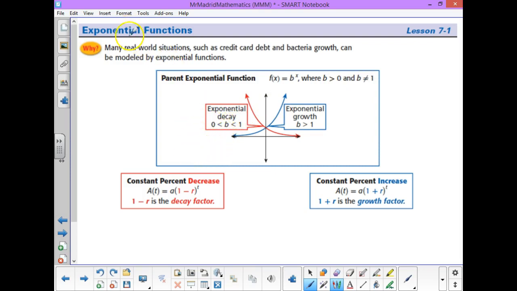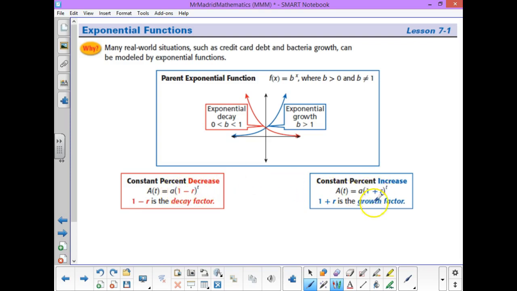Additionally, in this context of exponential functions, you can have a constant percent decrease or increase. What you want to pay attention to, maybe take notes on, is this here is the initial amount. Here, as is being indicated, this is the decay factor, 1 minus r.